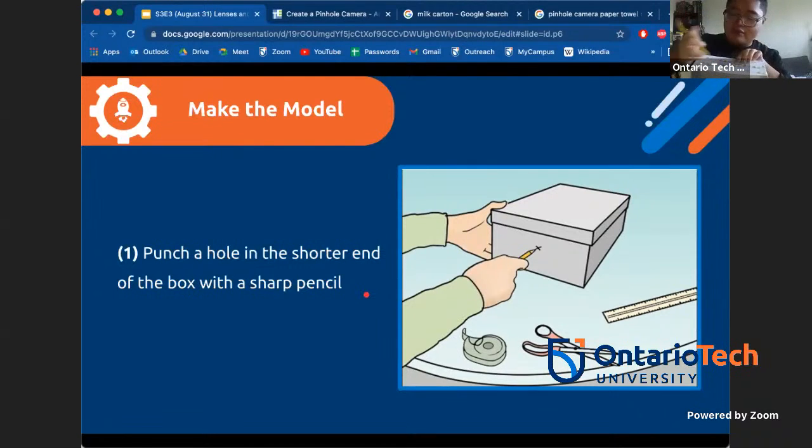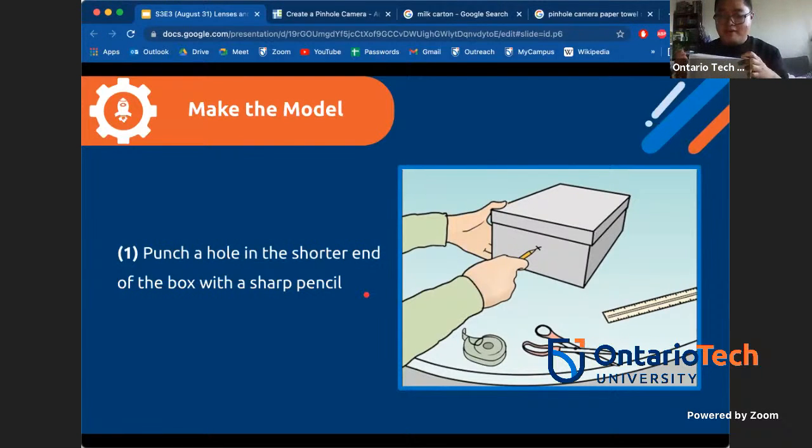So I would try to do it as slowly as possible and try to get the line on top over here. I don't know if you can see it, but I did draw an X around the box on this side in order to mark the point where I would want to punch a hole into the box.